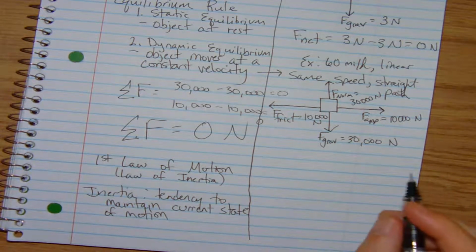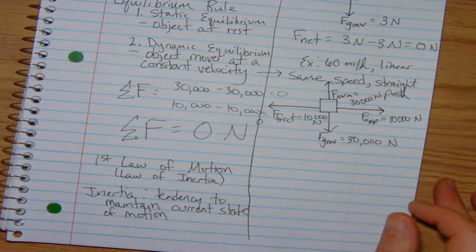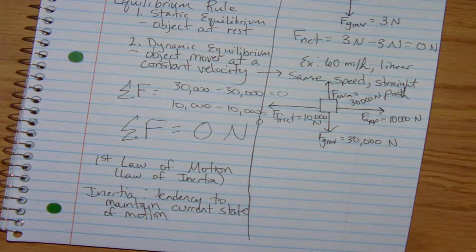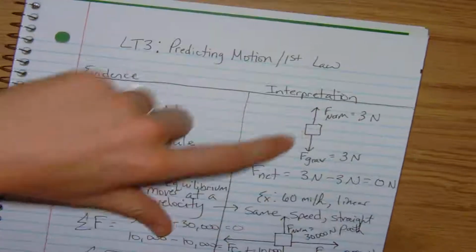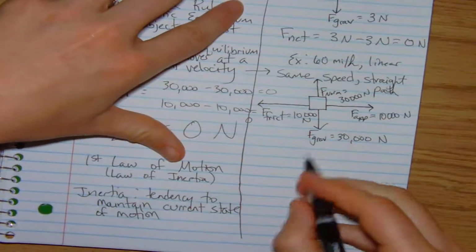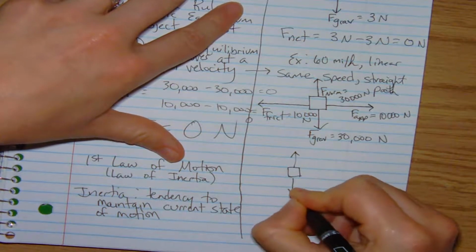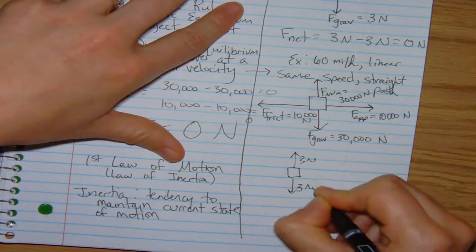So let's think here. If we've got something at rest, I've got my stapler sitting on my desk. That thing's going to keep doing what it's doing until something comes from the outside. So my hand comes from the outside, because right now my stapler's in static equilibrium. Let's just draw it here. So here's the stapler. Right, we got 3 newtons each way. Those cancel out.